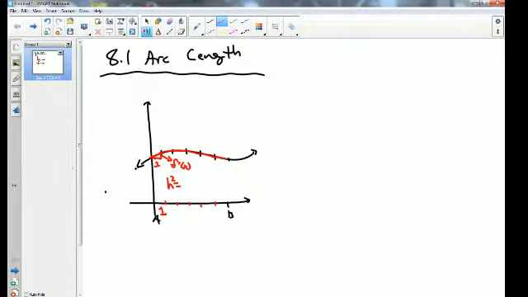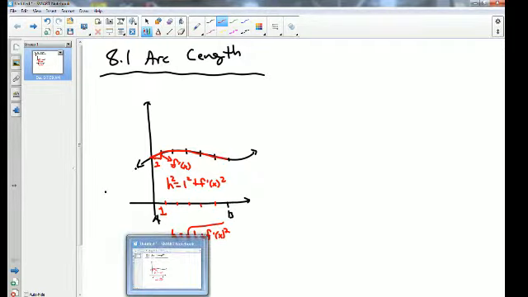Pythagorean theorem: 1 squared plus f prime of x squared, right? So h is the square root of 1 plus f prime of x squared. There's another way to approximate that. Well, it's the distance formula basically, because that's built off the Pythagorean theorem.